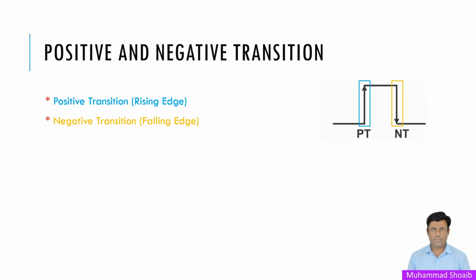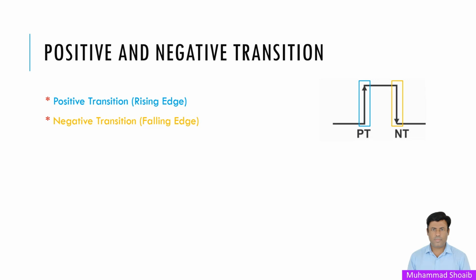These transitions are great for triggering a specific action only once when a signal changes, making them perfect for precise control in automation. The positive and negative transitions are widely used in automation.